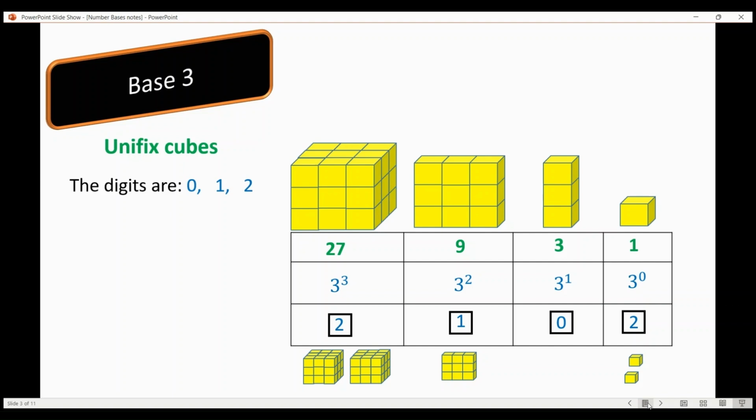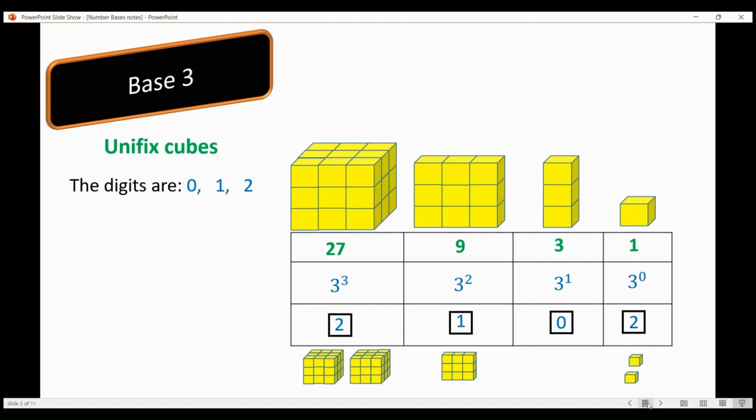Could we get the digit 3 written in any of those columns when we're dealing with base 3? Well, let's look at it. If we had 3 groups of 1, they would not stay there. They would form a group and move to the second place value into the groups of 3. If we had 3 groups of 3, that is 9.